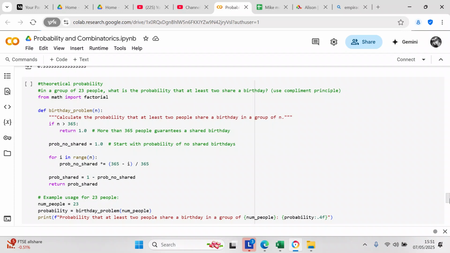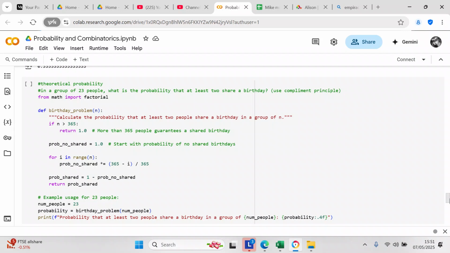So def birthday_problem(n), where n is the value that it accepts as input. We calculate the probability that at least 2 people share a birthday in a group of n. If n is greater than 365, return 1, since more than 365 people guarantees a shared birthday.